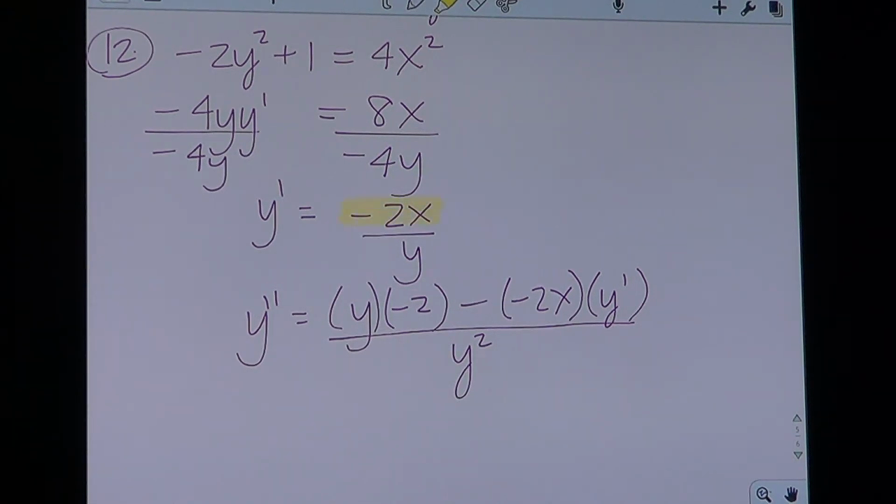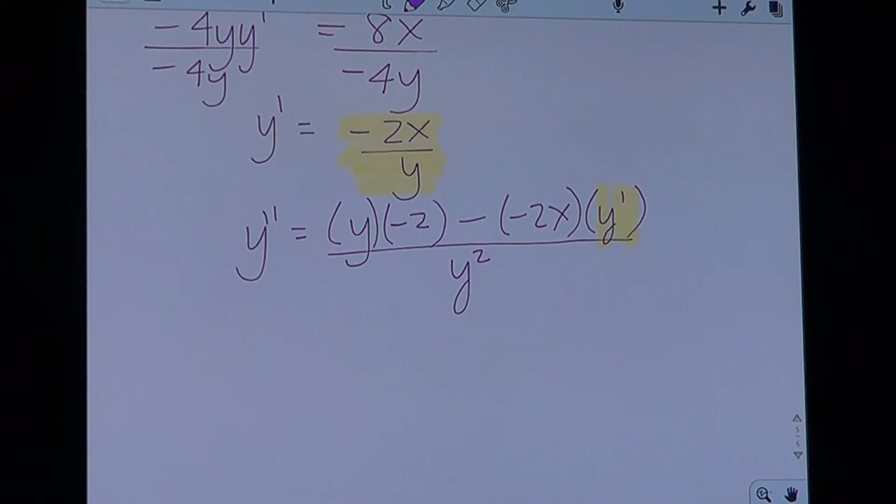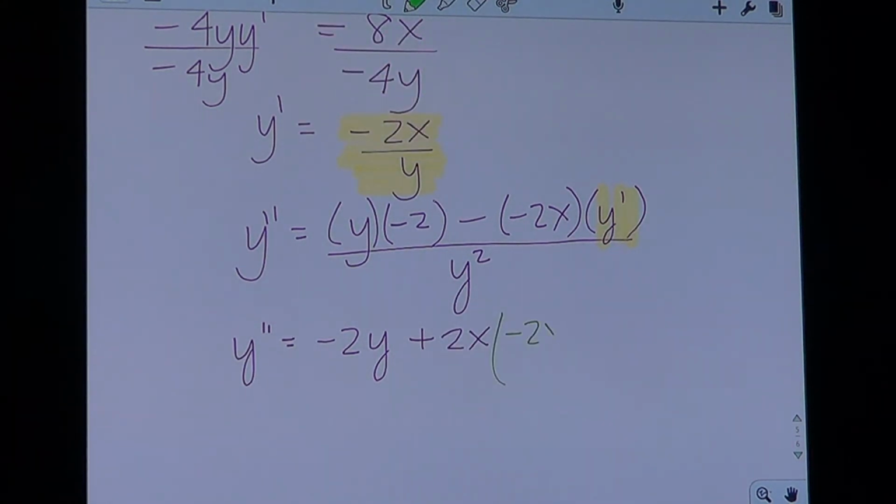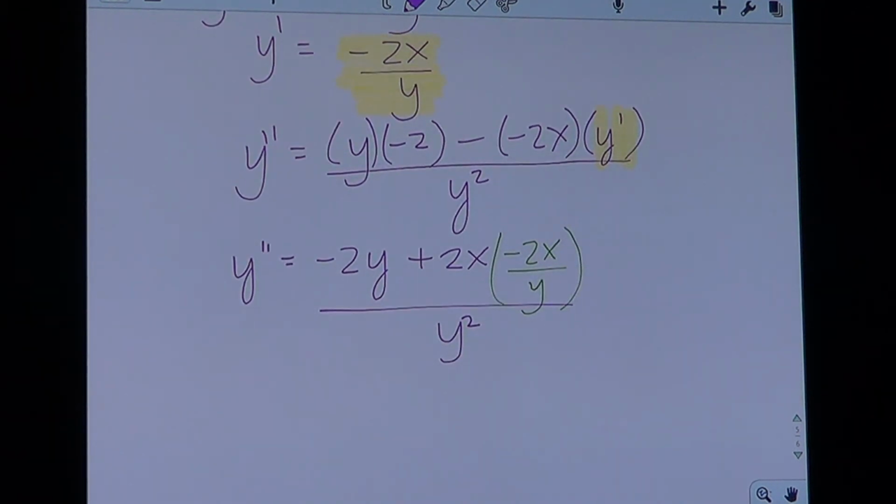And then we have to plug in what y prime equals for y prime in our answer. And then it will be very similar to the last one. So we'll have to get a common denominator.